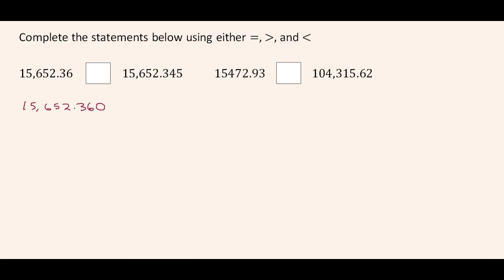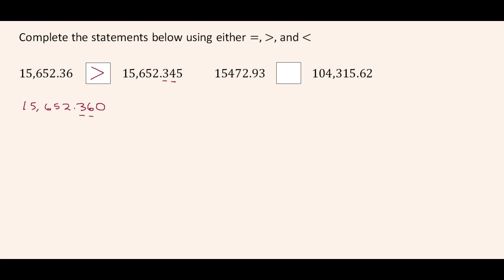Now we can see that before the decimal the numbers are exactly the same, so let's focus on the digits after the decimal. So here we have 3, so that's good. We have 6 on this side, and we have 4 on the right hand side. So what that's going to tell me is that the number on the left hand side is larger, so my alligator's mouth is going to open to it.